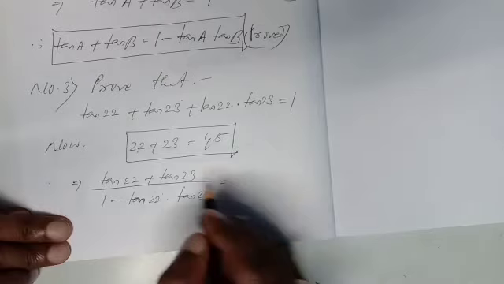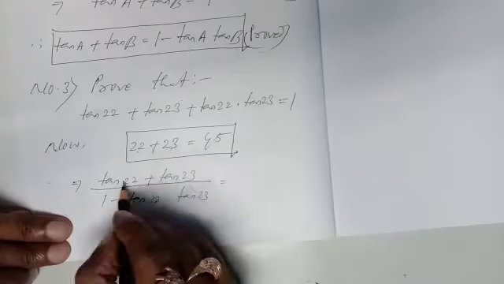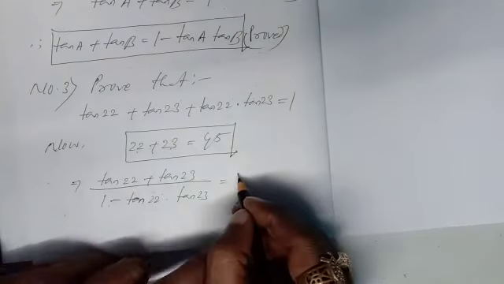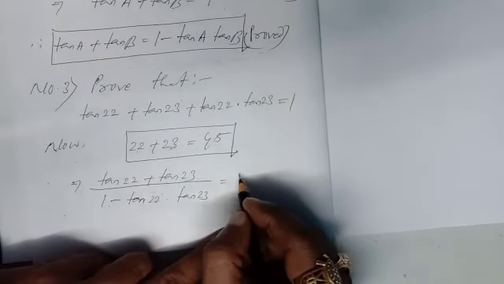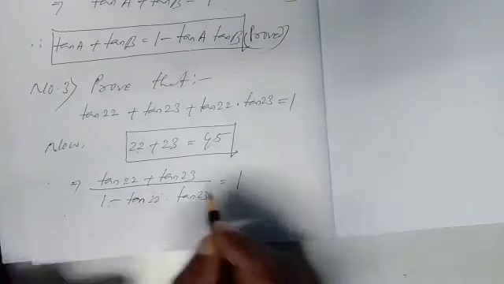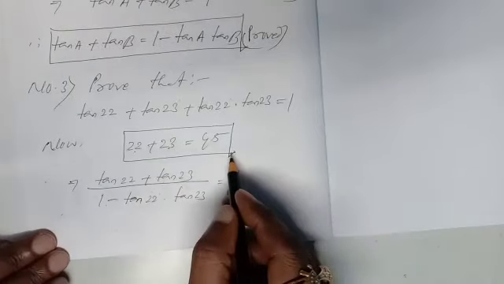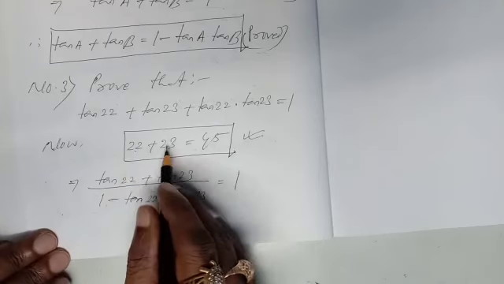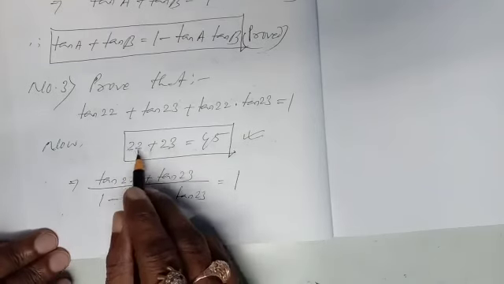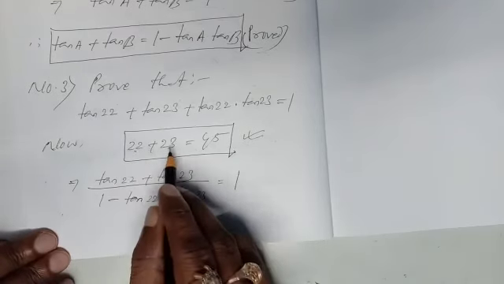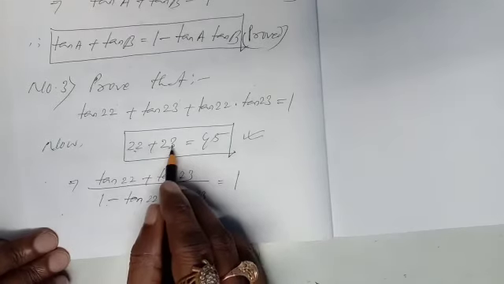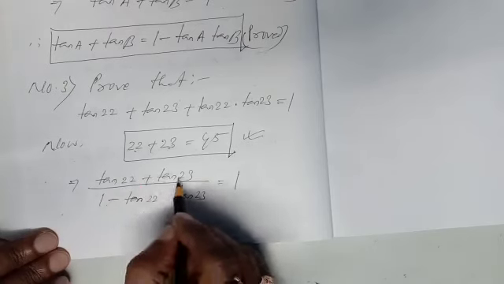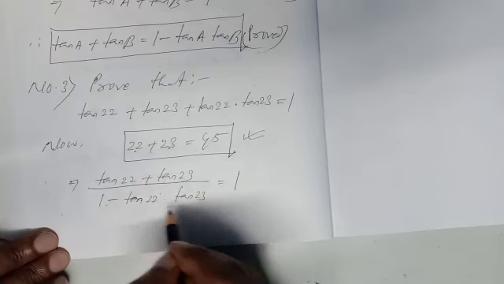In one step directly, because the tan (A plus B) formula is tan A plus tan B by 1 minus tan A into tan B. And here tan 45, tan 45 is what? 1. Taking tan both sides, we will get tan (22 plus 23), you take 22 as A, 23 as B. The tan (A plus B) compound angle formula you have to apply here. What is that? Tan A plus tan B by 1 minus tan A into tan B is equal to 1.